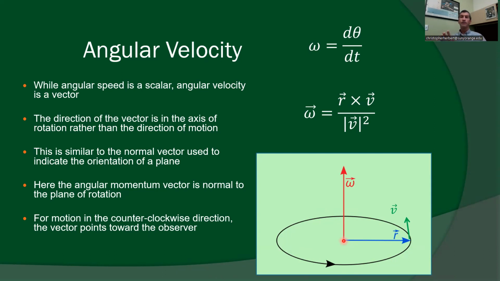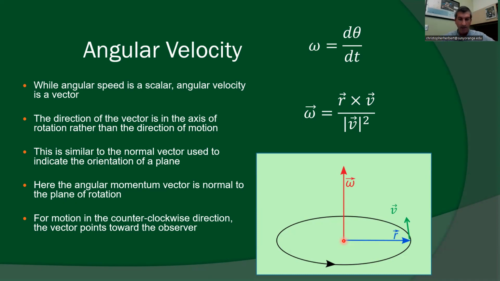But again, if you think about the way that we define a plane, and we do this in Calculus 3, if we have a vector defining that plane, and that vector is within the plane, that can be pointing in any direction.